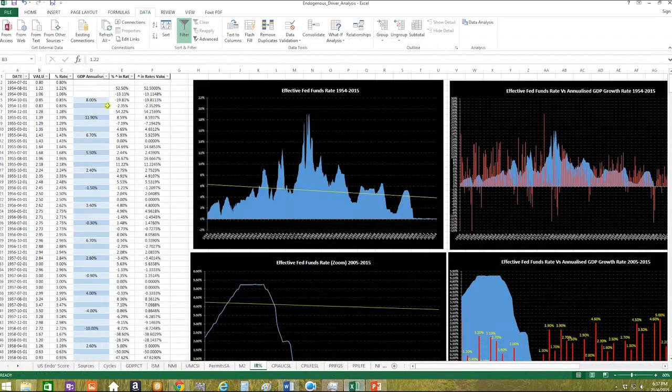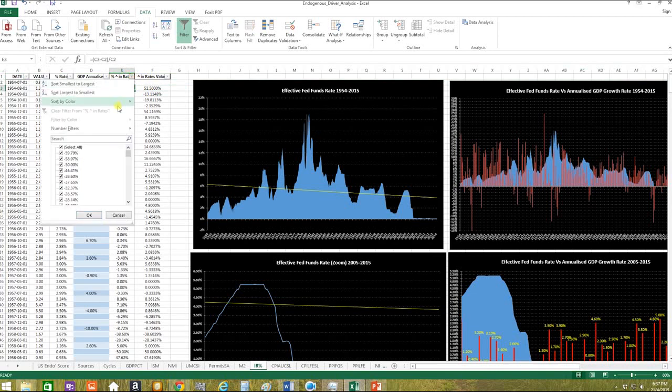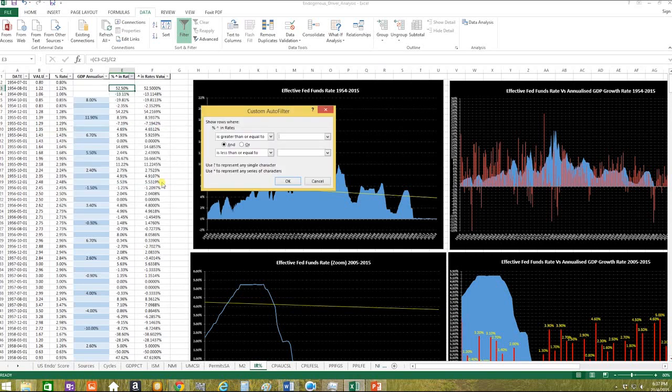So if we go back to the spreadsheet here, you'll see that we have our column of annualized real GDP growth here. And we have all our filters still on our columns. And what we do is we take the percentage change in rates, and instead of filtering by more than, so greater than or less than, we filter for between values.